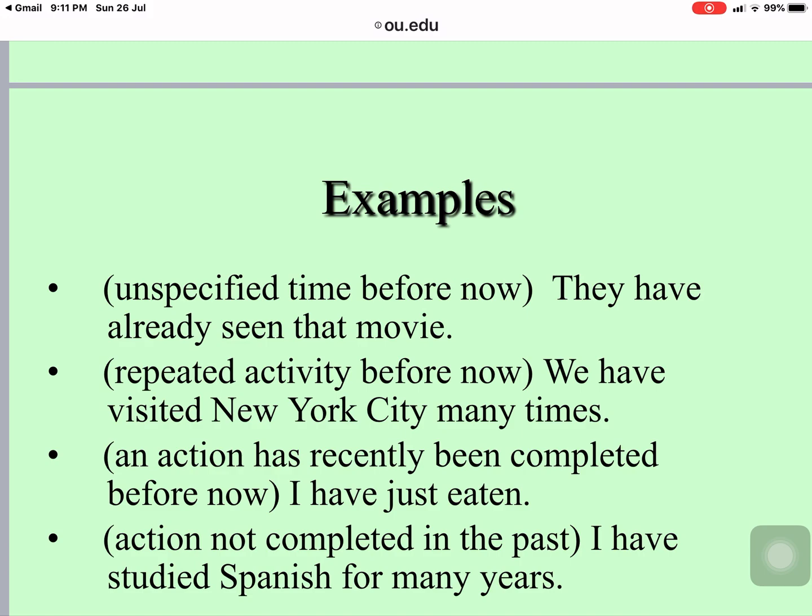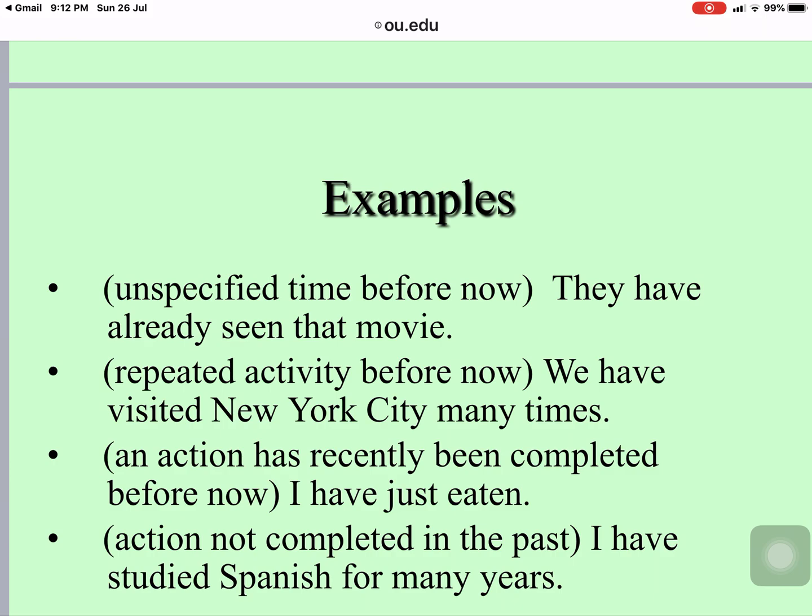So another case where present perfect is used is repeated activity before now. We have visited New York City many times. You must remember that has is used for singular subjects and have is used for plural subjects.